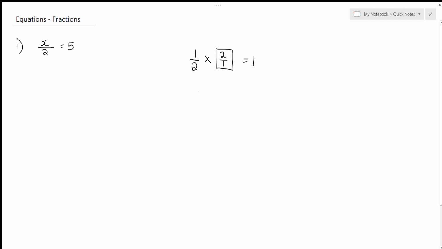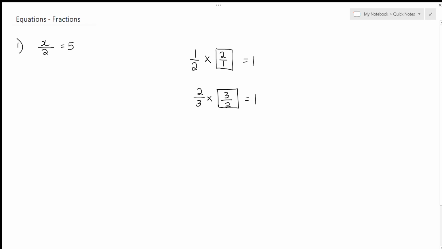If I had 2 over 3 and I want to basically get to an answer of 1, the inverse of 2 over 3 would be 3 over 2. So you're basically multiplying by its inverse. So in this particular lesson, we are going to be looking at some similar to that.